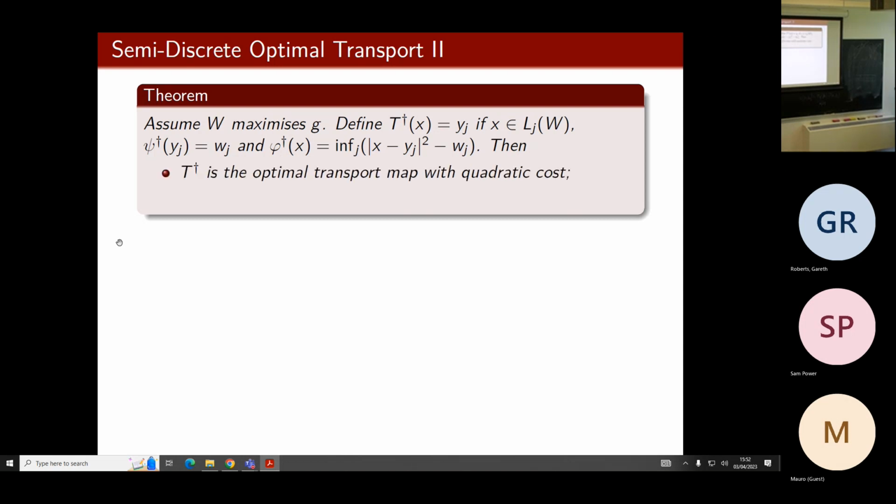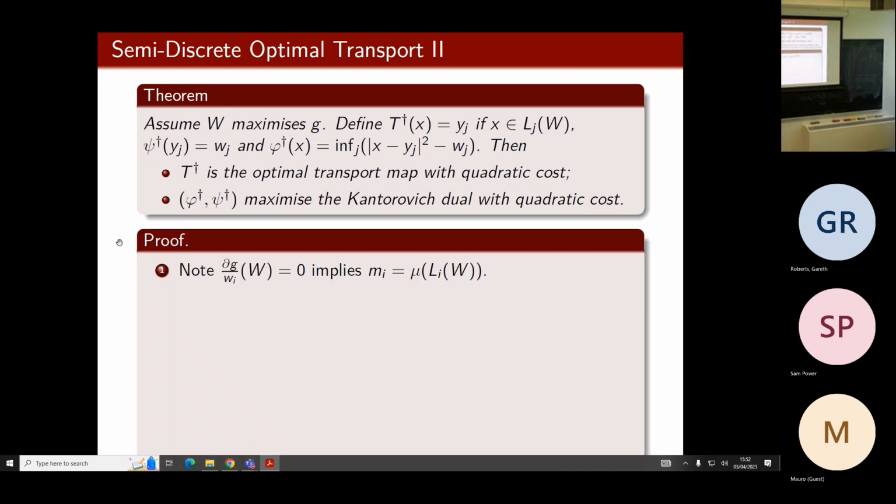So with these definitions of T dagger, phi dagger and psi dagger, T dagger is the optimal transport map with the quadratic cost, and phi dagger and psi dagger maximize the Kantorovich dual with quadratic cost.